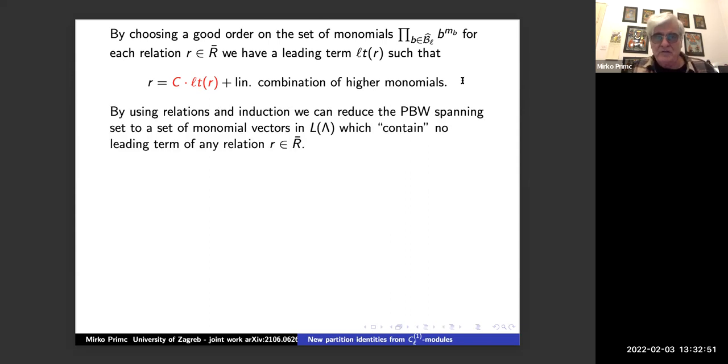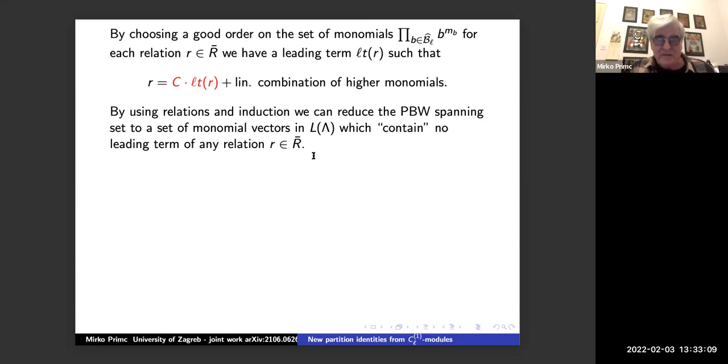So by using a relation in induction, we can reduce the spanning set to the set of monomial vectors which contain no leading term of any relation R from this set of R bar.